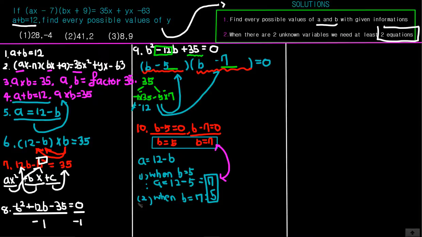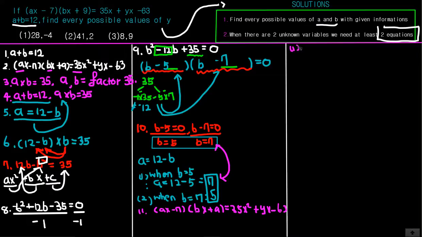So I'll write in step 11: ax minus 7 times bx plus 9 is equal to 35x squared plus yx minus 63. There will be two cases.